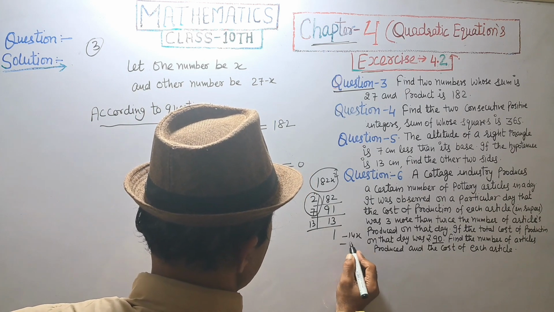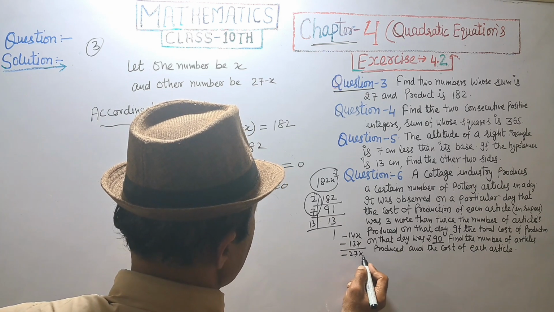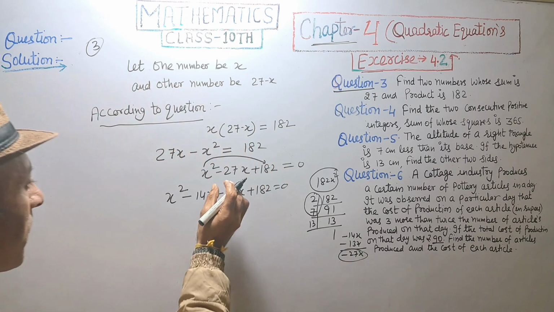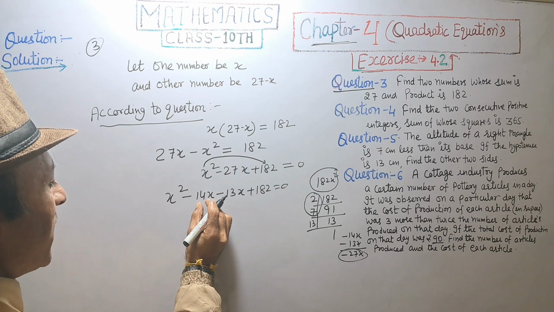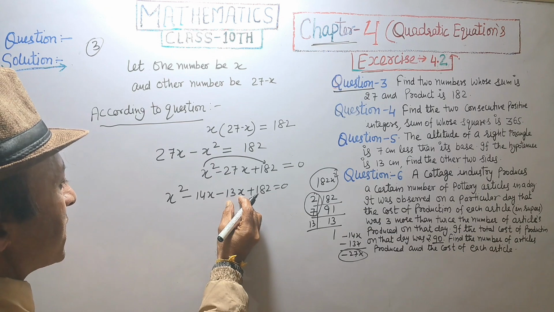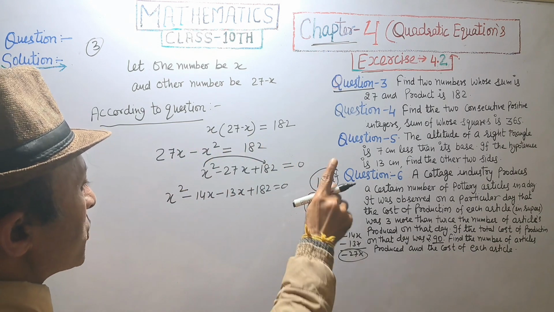Minus 14x minus 13x is minus 27x. Minus 27x can be written as minus 14x minus 13x, and 14 times 13 is 182x square.